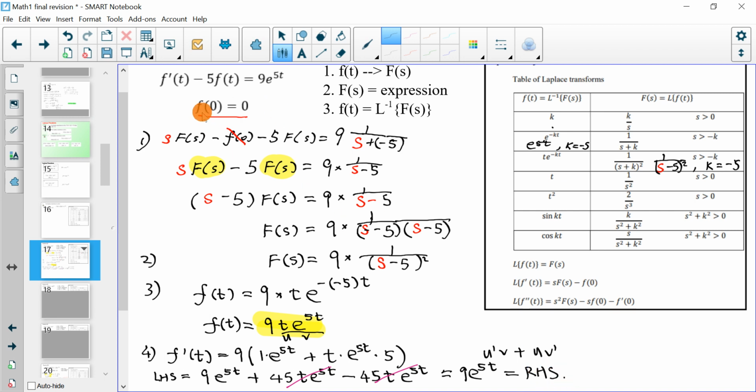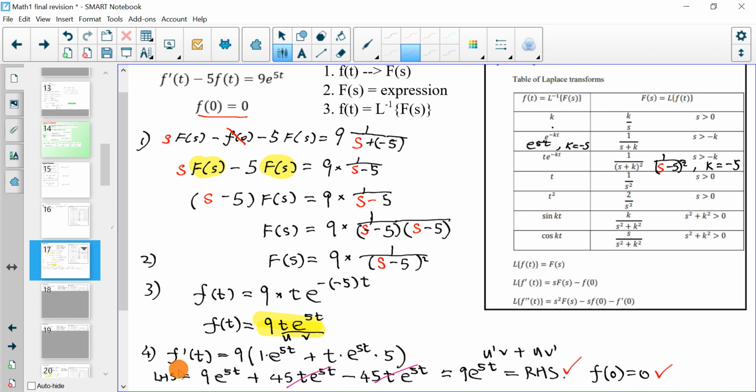We should also check if the initial condition holds, f of 0 is 0. As you can see, f of 0 here is 9 times t times e to the 5t when t is 0. Because t is 0, you're multiplying something by 0, so that will be 0. It is confirmed.